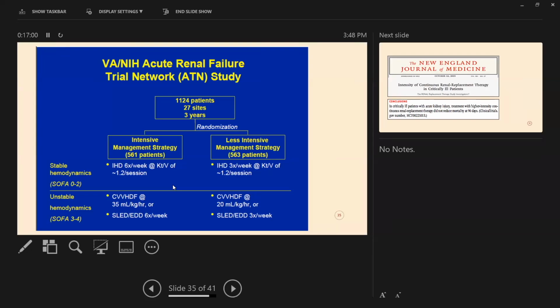And the less intensive phase is the IHD 3 times per week with Kt/V of 1.2 per session. And in the unstable hemodynamics, they do a CVVHD at 35 ml per kilo per hour, or SLED or EDD 6 times per week, or CVVHDF 20 ml per kilo per hour and SLED 3 times per week in less intensive.